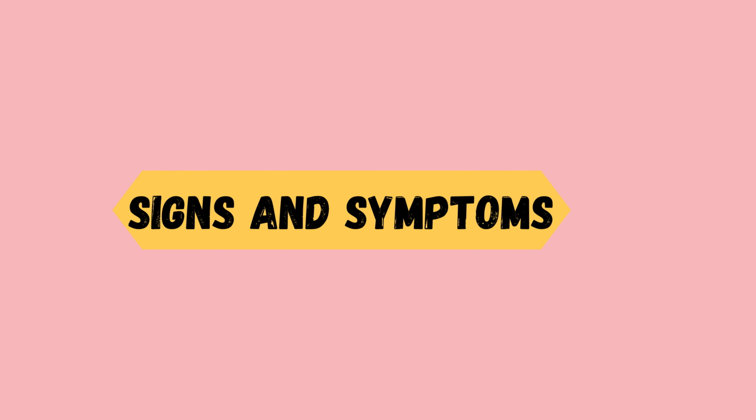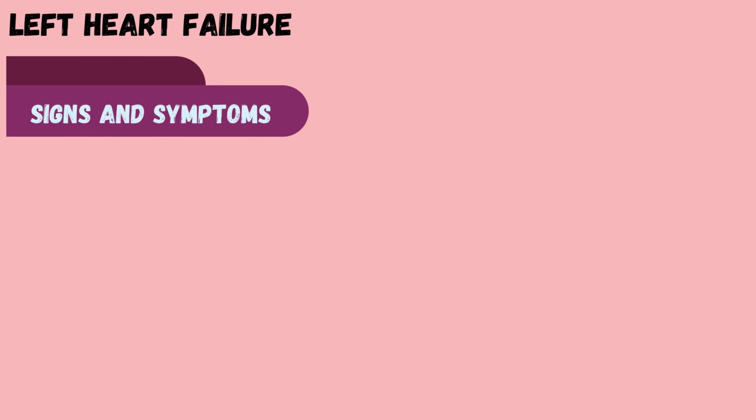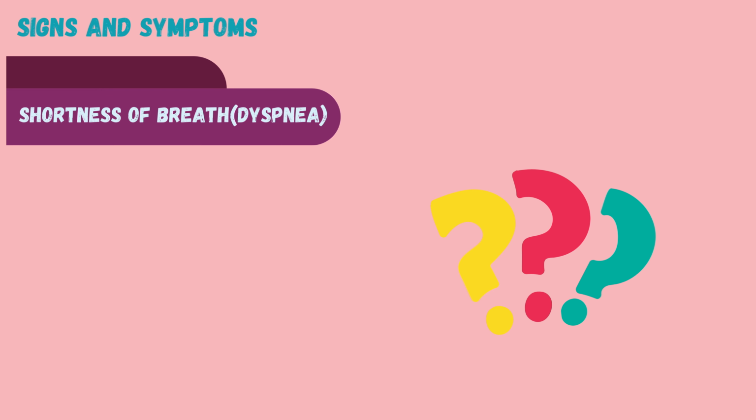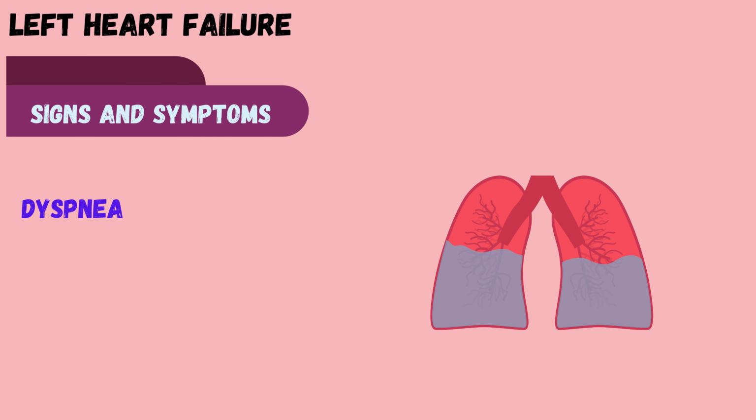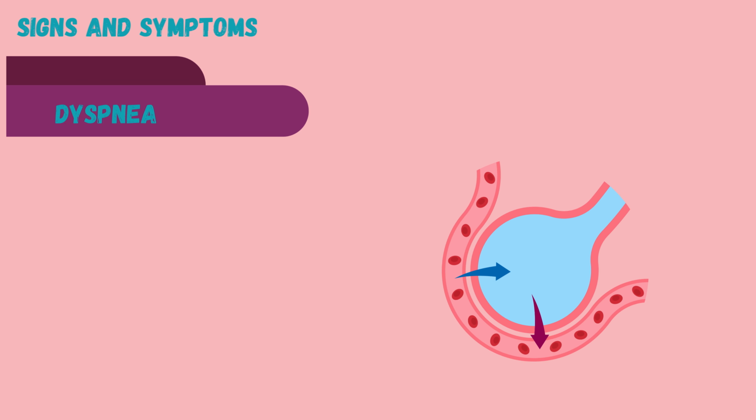Signs and symptoms. Let's explore the key symptoms of left heart failure and understand why they happen. Shortness of breath, or dyspnea. Why does it happen? The fluid buildup in the lungs makes it difficult for oxygen to pass from the air sacs into the bloodstream.